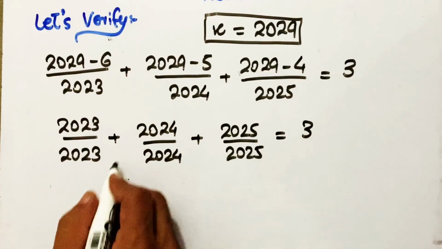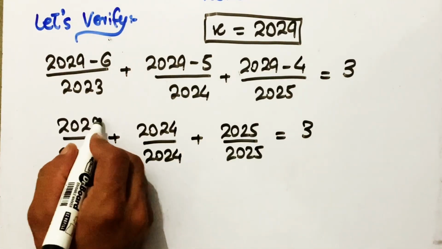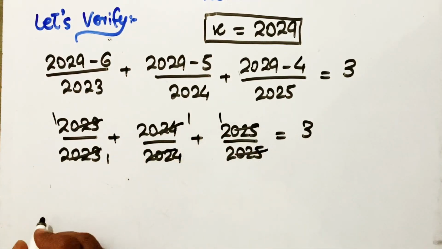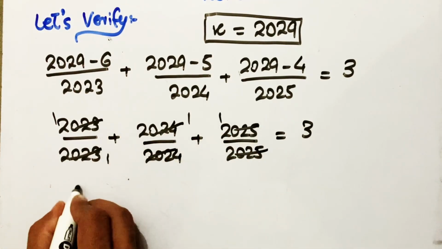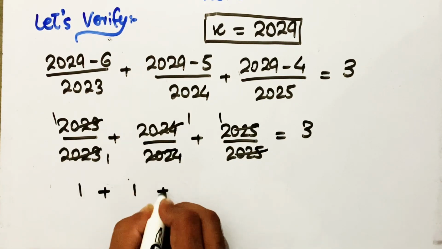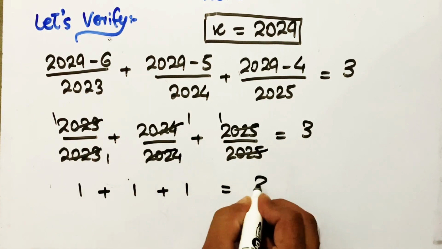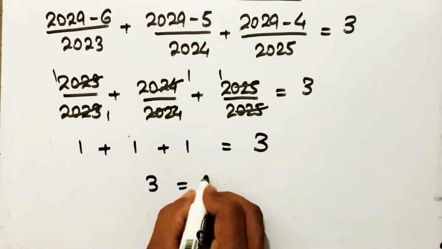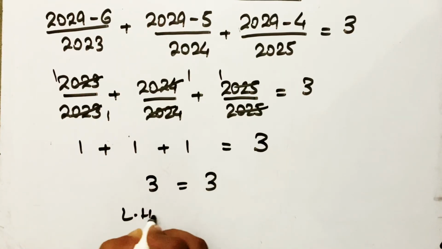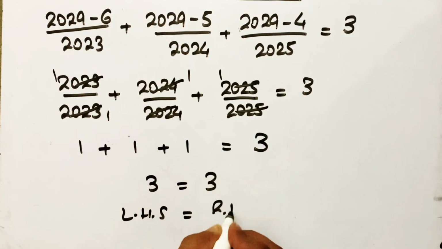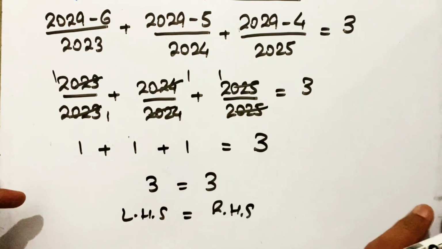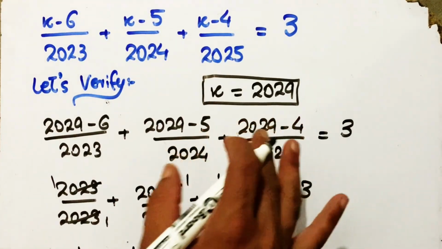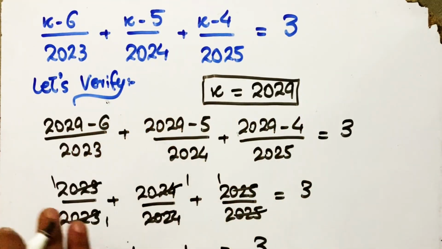The numerator and denominator cancel, so we get 1 plus 1 plus 1, which equals 3. So 3 equals 3, and we conclude that the left hand side equals the right hand side. So our solution x equals 2029 is suitable for our main equation.